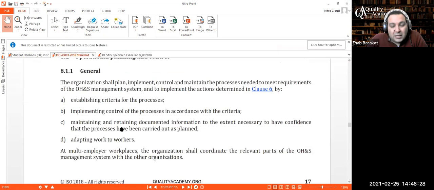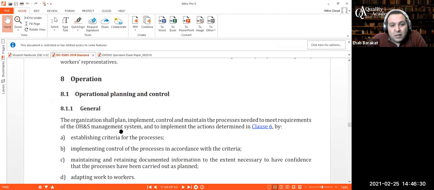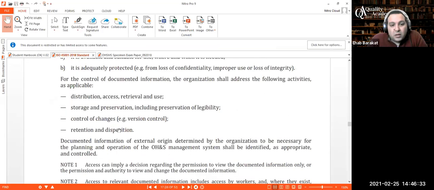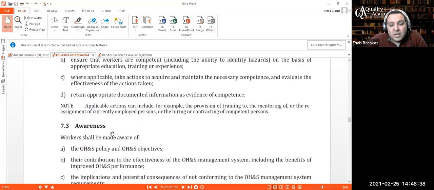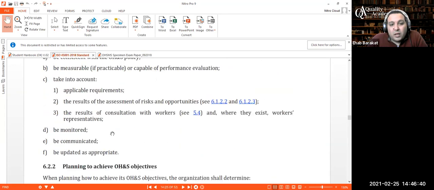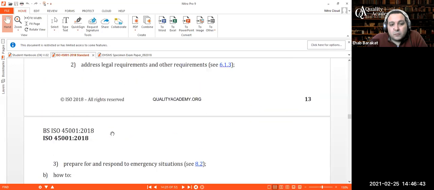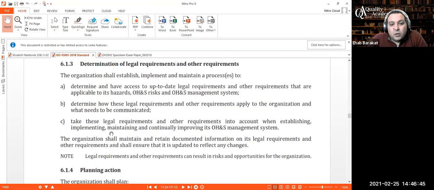So when I go to the standard and search, I found that there are two clauses talking about legal responsibilities. The first clause is 6.1.3. You will read this clause and try to find evidence, such as: the organization shall establish, implement, and maintain processes to determine legal requirements. So you will ask for the list of legal requirements and whether it is up to date.